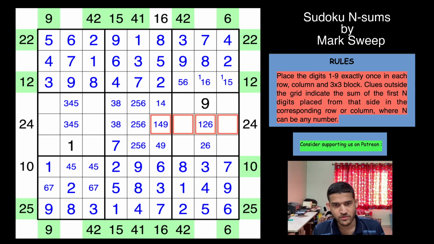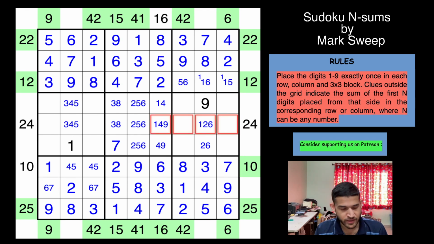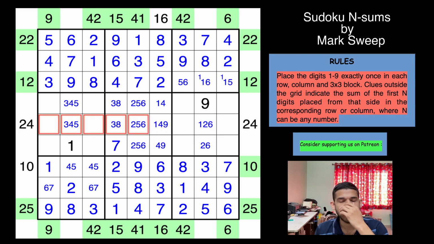Sorry. So if you add these 2, you get up to 48, which means there is clearly overlap. So this can be 4 cells and this can be 6 cells, right?